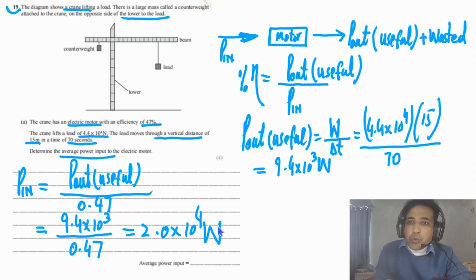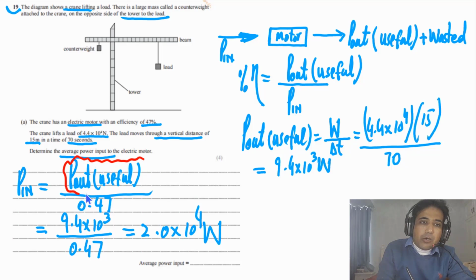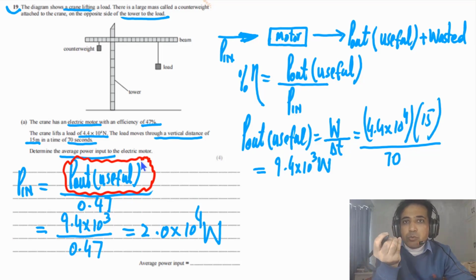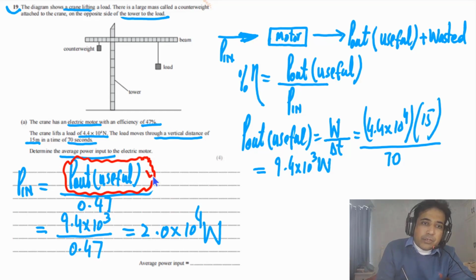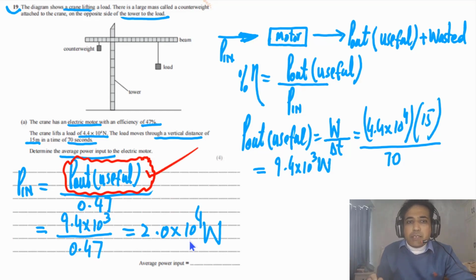One important point is you need to understand this has to be P out useful. Most of the time students simply use P out over P in, and that is not right physics. So you need to understand P useful. So this is how we can answer, and this question has 4 marks. If you have written these steps, you will get the 4 marks. The first mark will be given if you have used this formula, W is equal to this one.